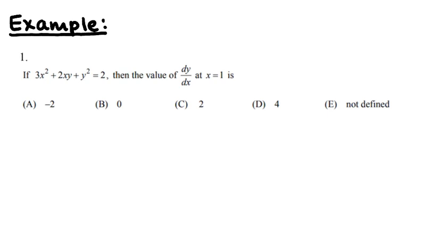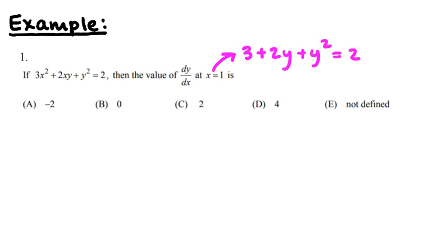Okay, so right now I'm going to take x equals 1 and plug it into the original equation to figure out what y is. 3 times 1 squared is 3, plus 2 times x times y, plus y squared equals 2.